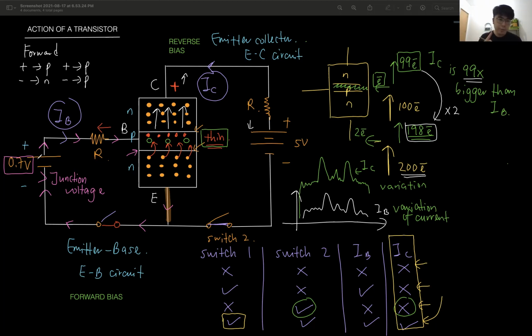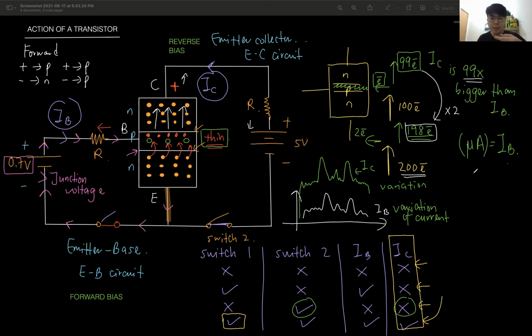Okay, so whenever we make a small change in the input current, there's a large change in the output current. How large? The change we make is usually in microampere. This is the IB. We change only microampere, like 1 microampere or 2 microampere.